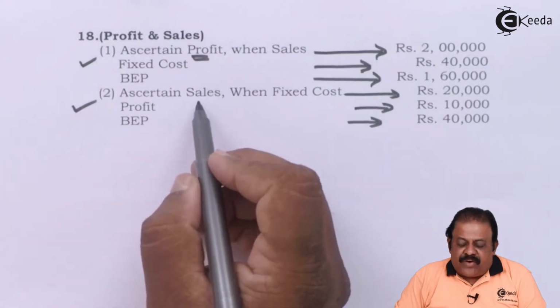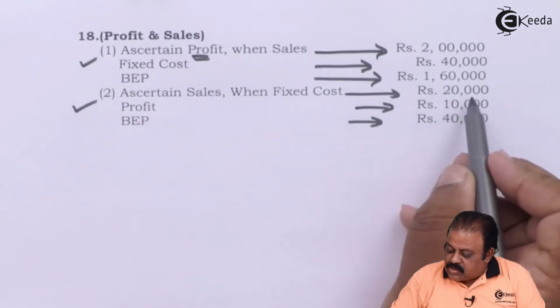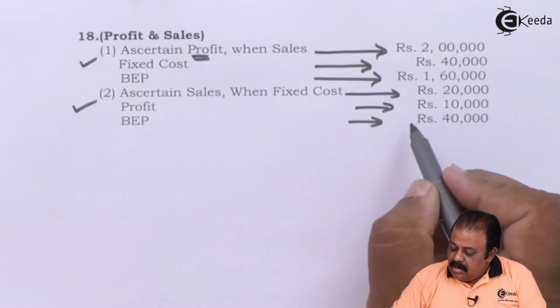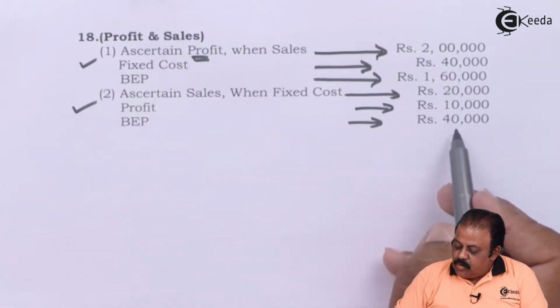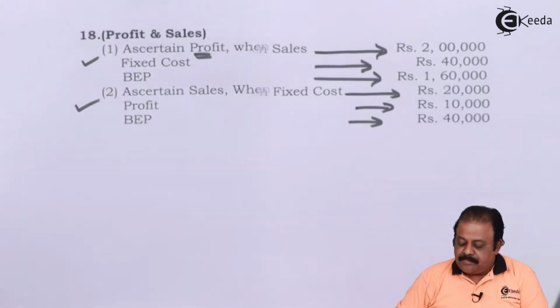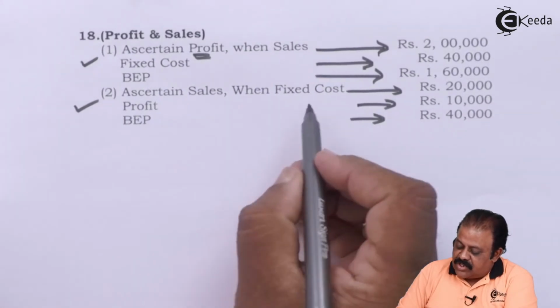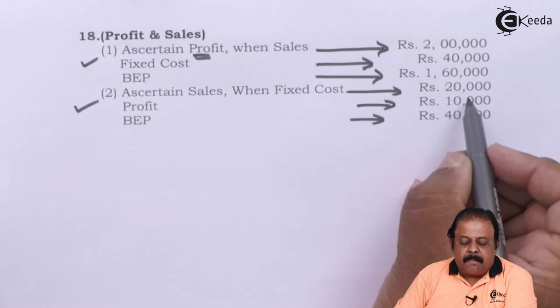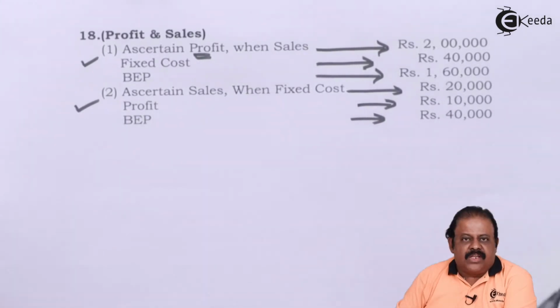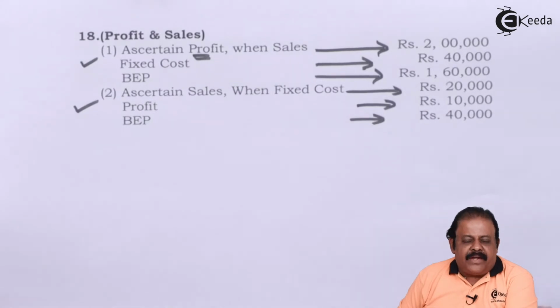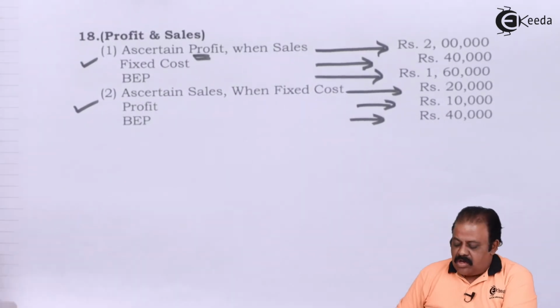Ascertain sales, that is to find sales when fixed cost is 20,000, profit is 10,000 and break even point they have given rupees 40,000. In question we have information fixed cost 20,000, profit 10,000 and break even point is 40,000. So at break even point contribution is equal to fixed cost.